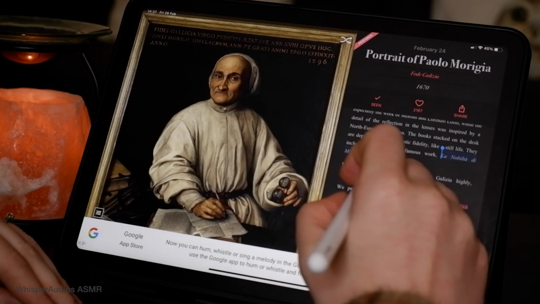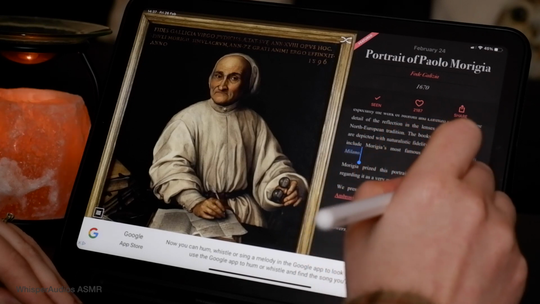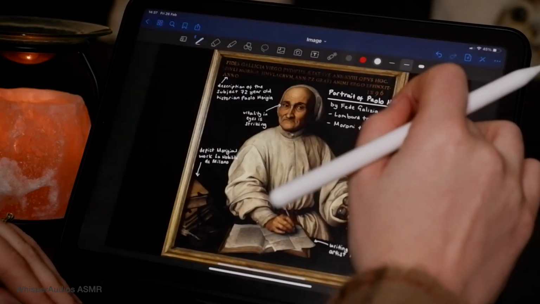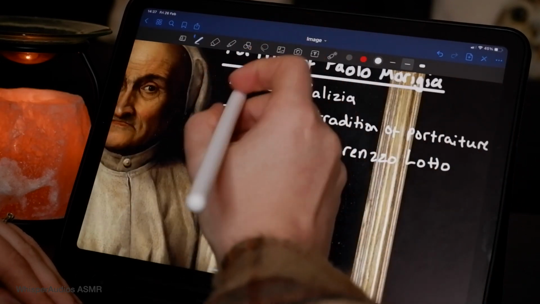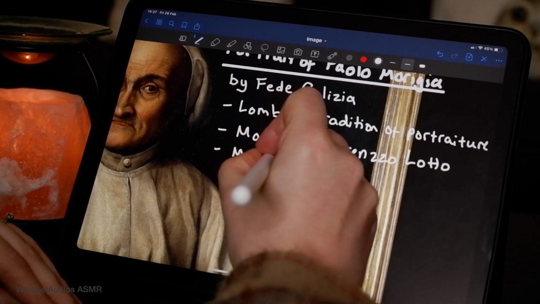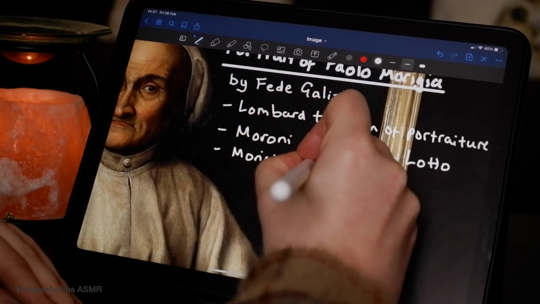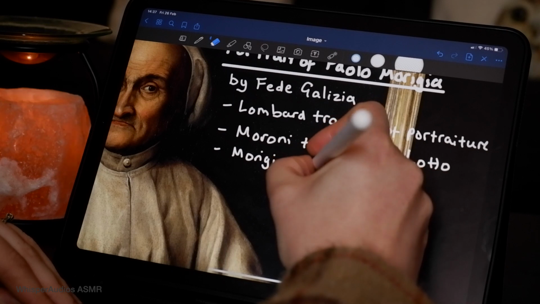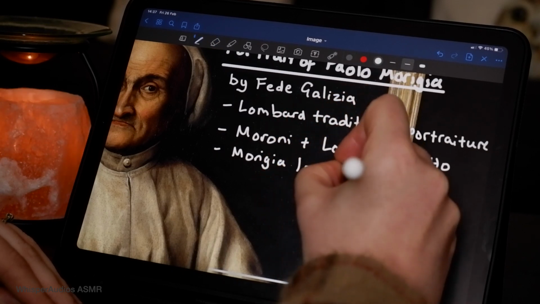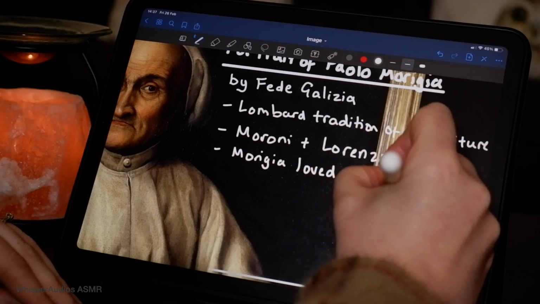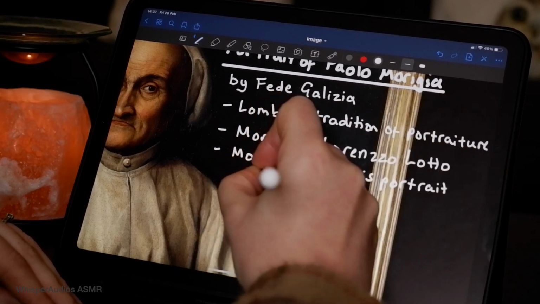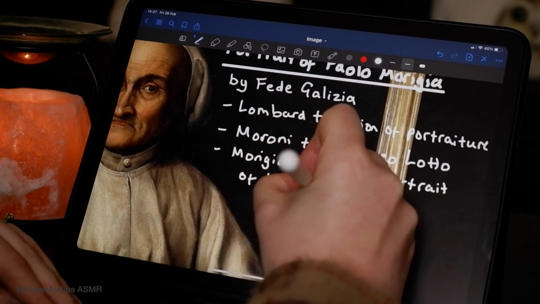And Morriga prized this portrait highly, regarding it as a very good likeness. So in other words, Morriga loved this portrait of himself.